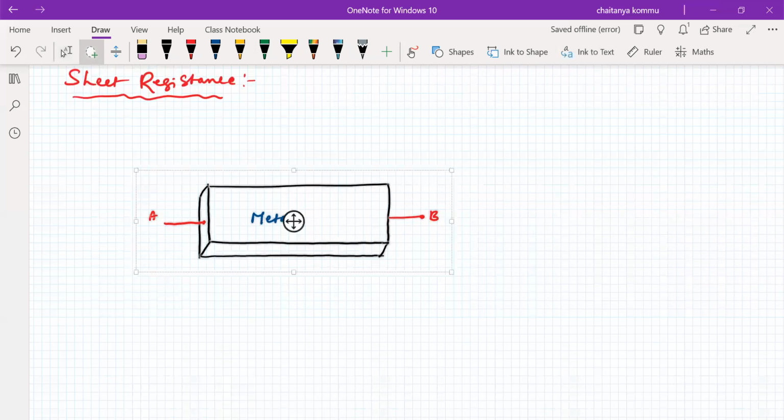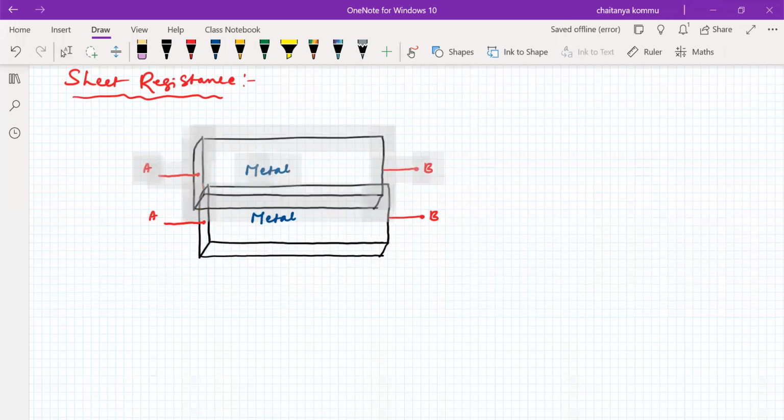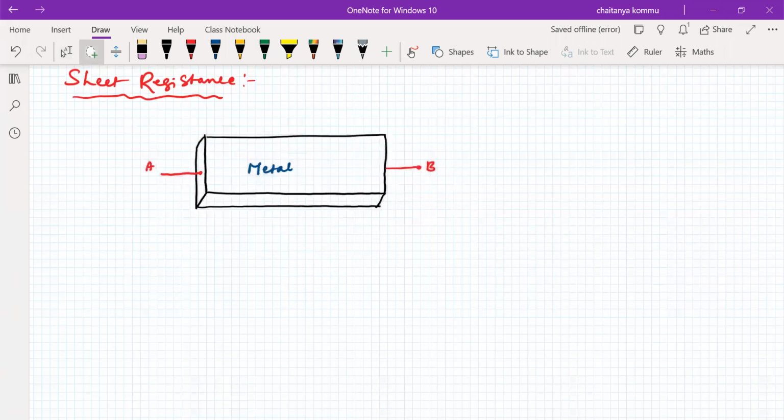What is the fundamental? So far we are not talking about a simple wire. This wire has some length, some width W, and also some thickness T, from here to here.